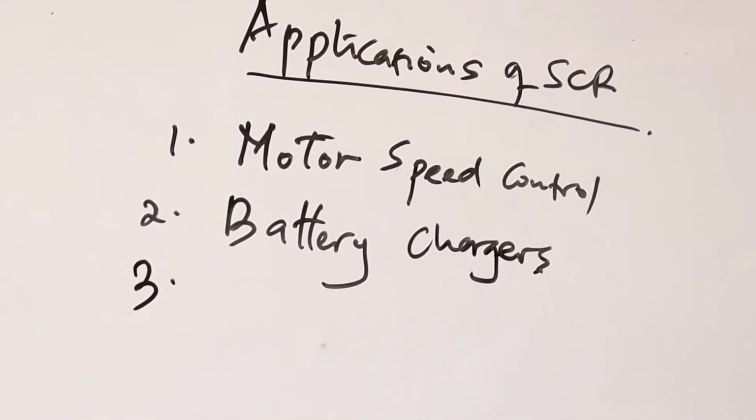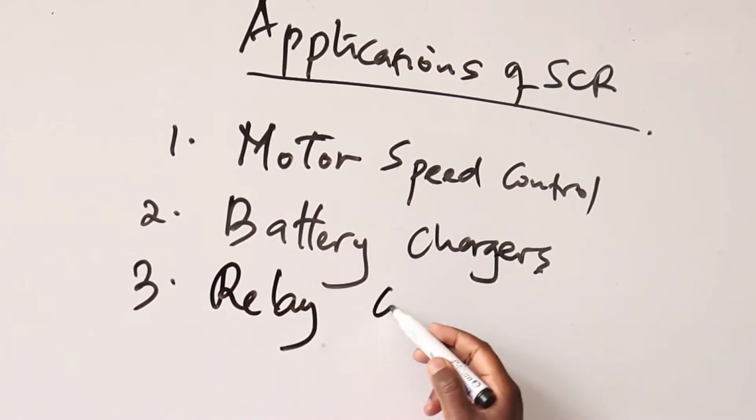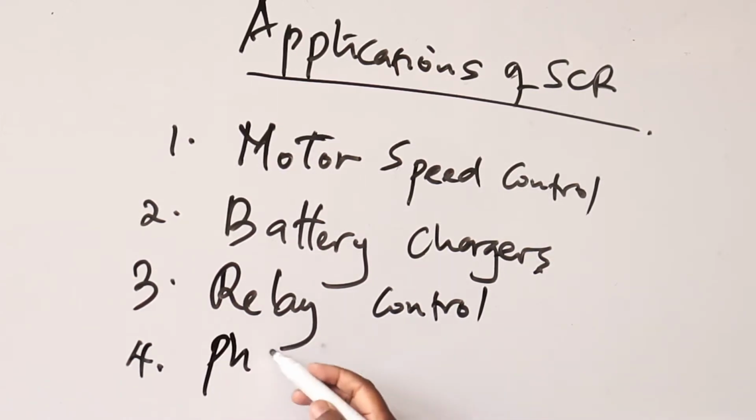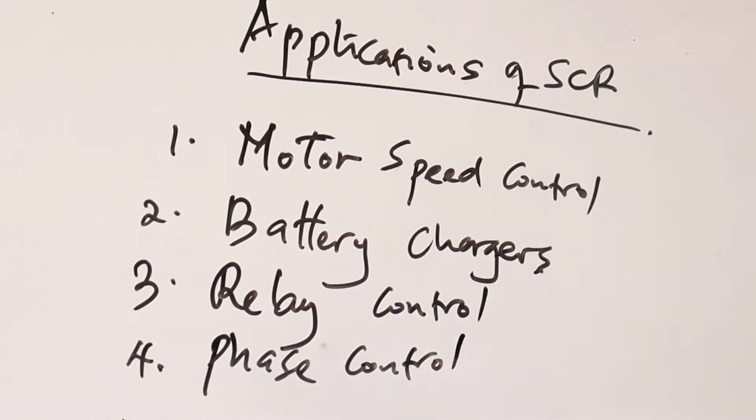And number three, we can talk of relay control. And number four, we also have what we refer to as phase control in power supply systems. Number five, we can talk of the heater control.